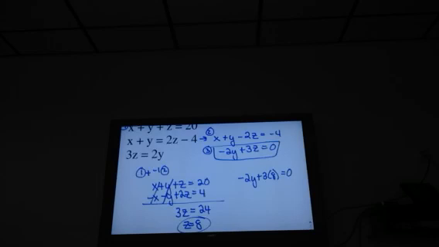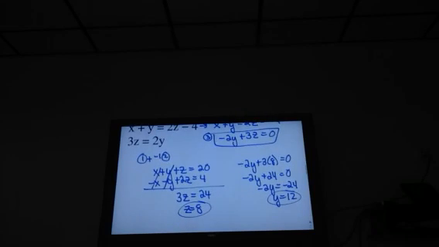So negative 2y plus 3 times 8 is 0. Negative 2y plus 24 is 0. Subtract your 24 and divide by 2. And y is 12. And then go to the beginning.